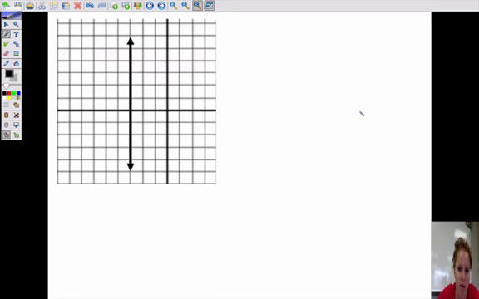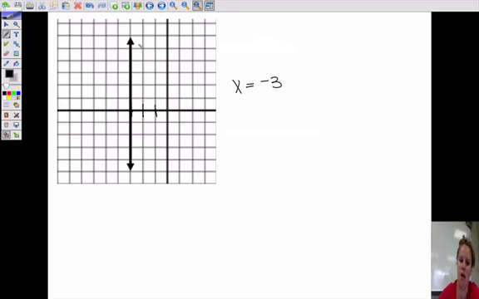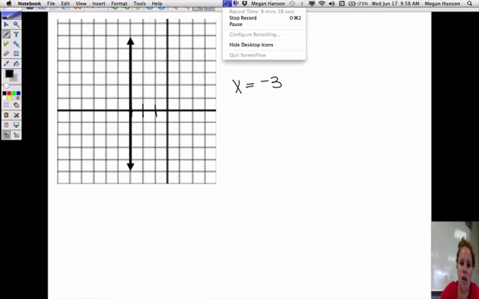And then we have a vertical one here. If you remember, these are going to be x equals equations. Looks like x equals negative 1, negative 2, negative 3, because all of these are negative 3 x's. Alright, so that is writing an equation from a graph.